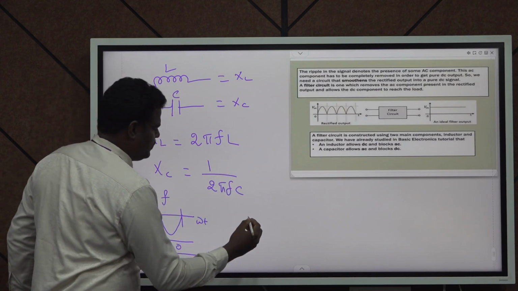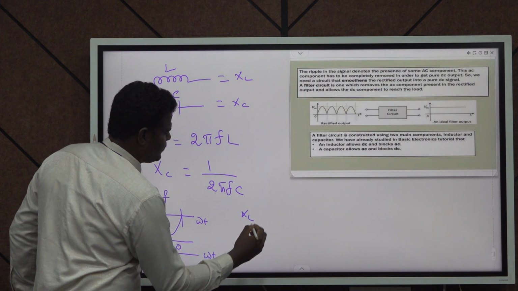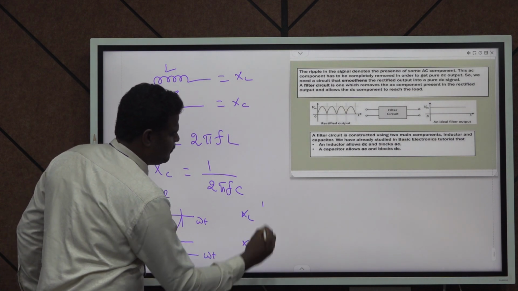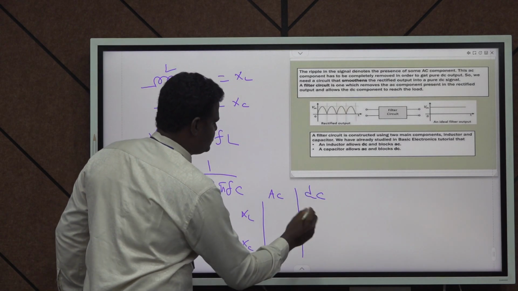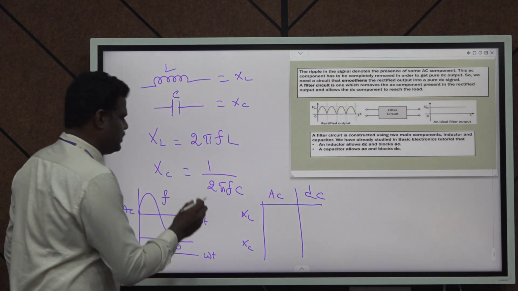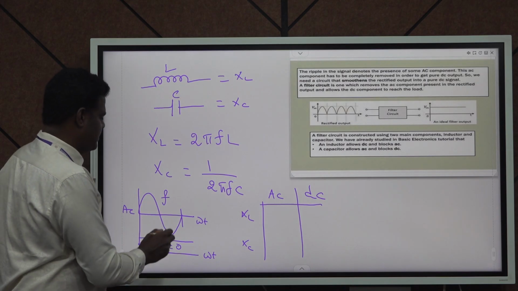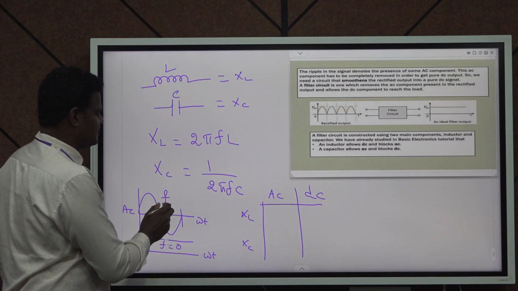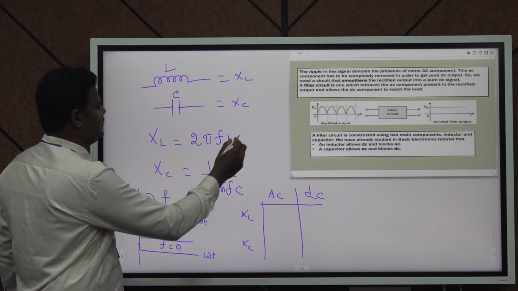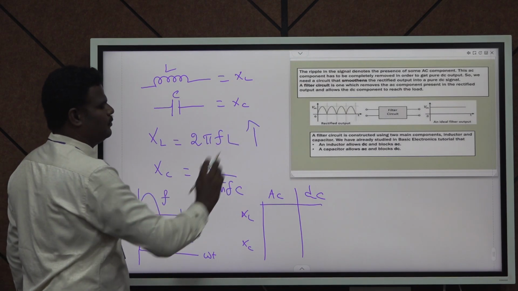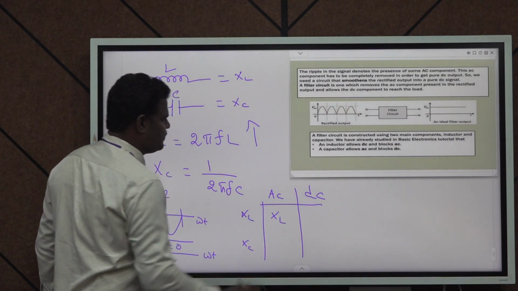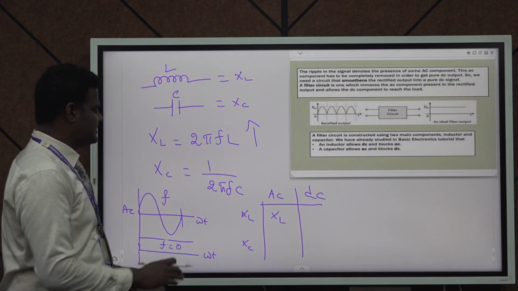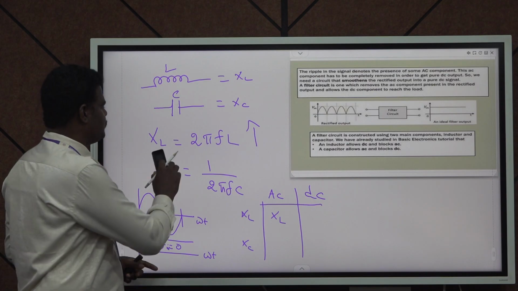Considering XL and XC for both AC and DC circuits. In an AC circuit, the F value is there, so XL has some value. But in case of DC, the F value is 0.